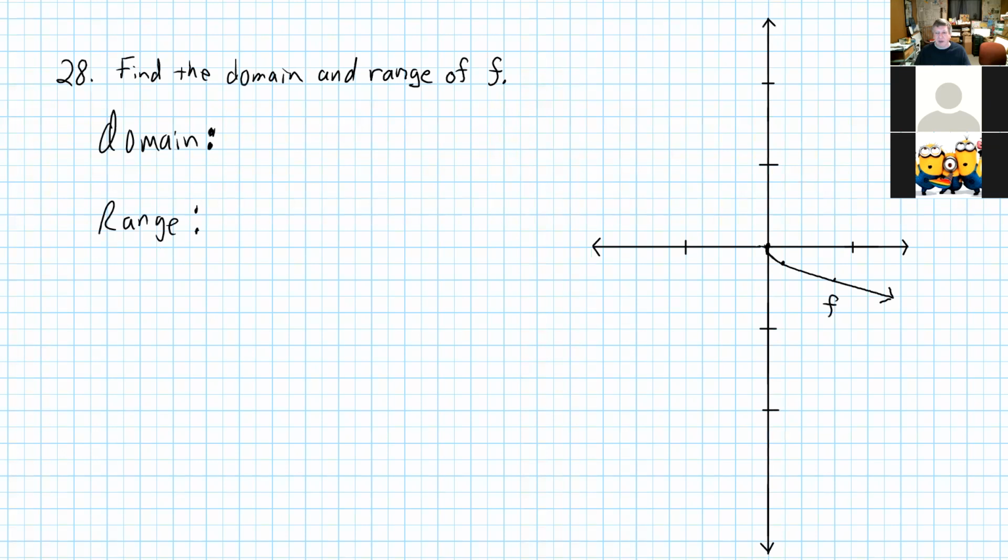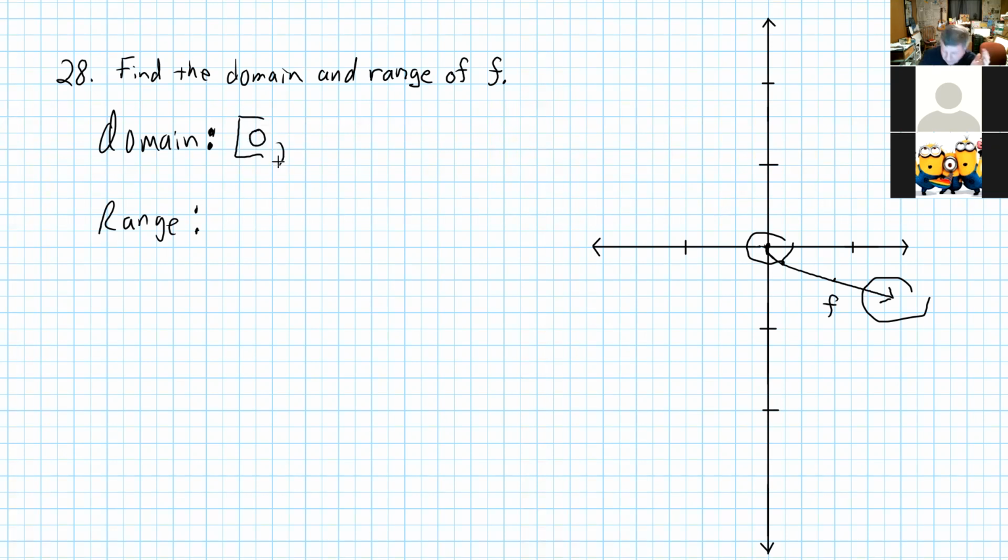Find the domain and range of f. So now this thing starts right here, but then it goes over and down to the right. So what's the domain? Is it all real numbers? It starts at 0 and then goes negative, correct?